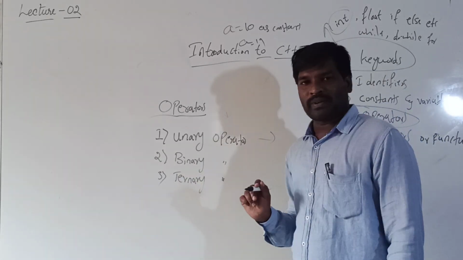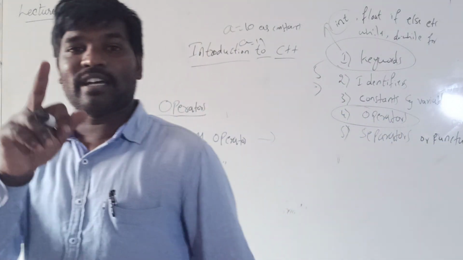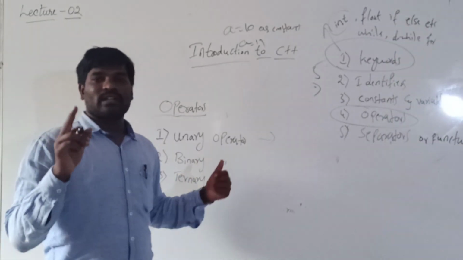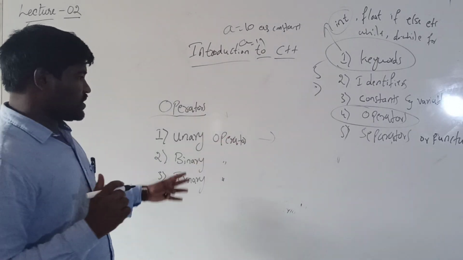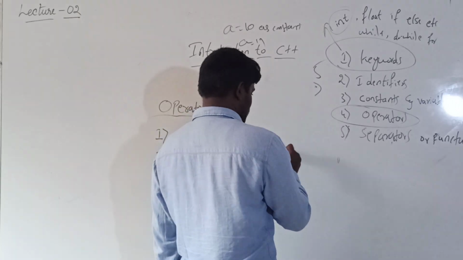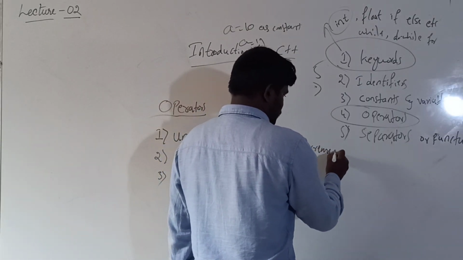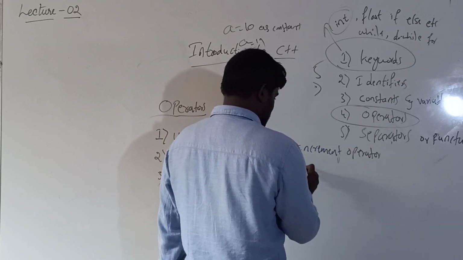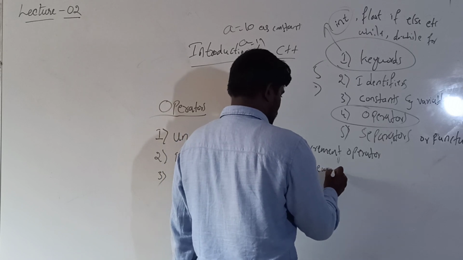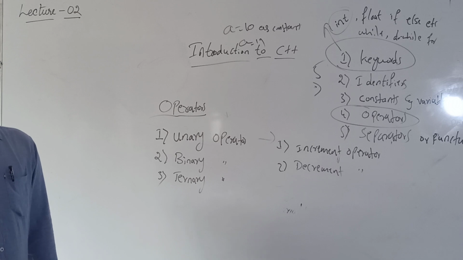Unary operator means it operates only on a single operand. In unary again there are two types: increment operator and decrement operator.